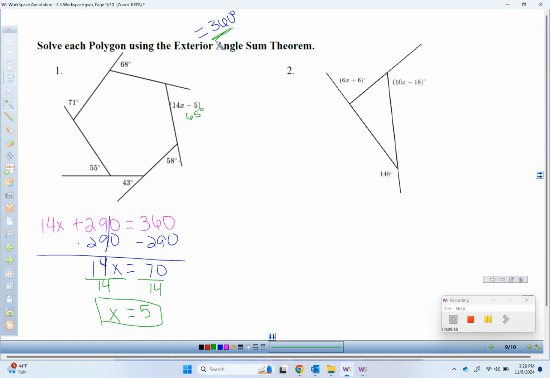All right, over here on this triangle, it is wanting us to find the exterior angle sum. We know the complete sum is 360. Okay, this is not a regular triangle. So we're going to see what we have.